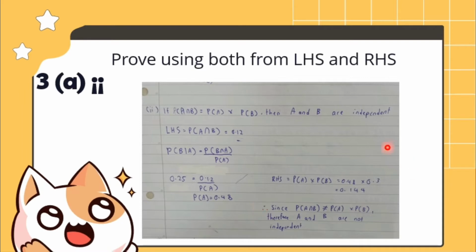Then we check the right hand side next, which is probability of A times probability of B, which is equal to 0.48 times 0.3, and then we will get the answer 0.144. Here, since the probability of A intersect B is not equal to the probability of A times B, therefore A and B are not independent.